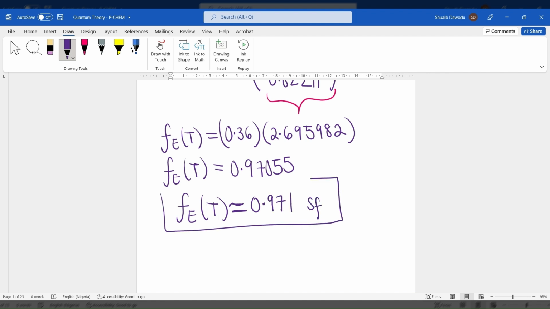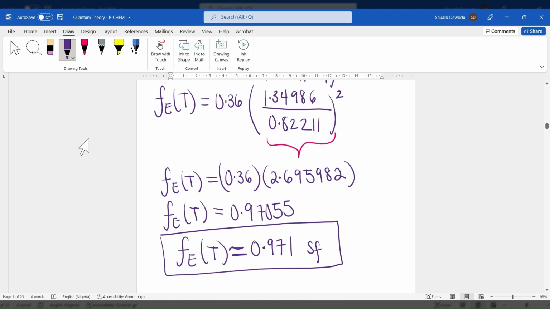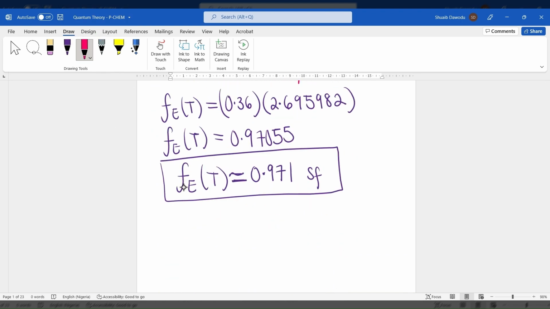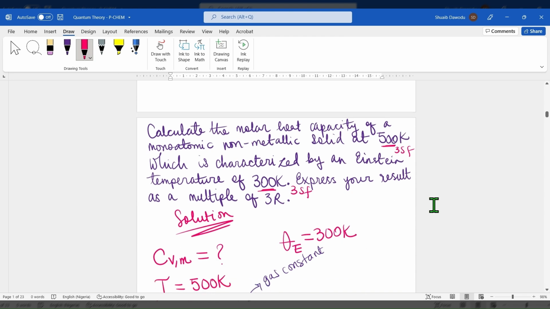So this is basically the answer to this part of the question. But don't forget, we're actually asked to calculate C V comma m. And remember, C V comma m, the molar heat capacity, is equal to 3R f sub e of t. We're told, when you go back to the question, to express your result as a multiple of 3R.